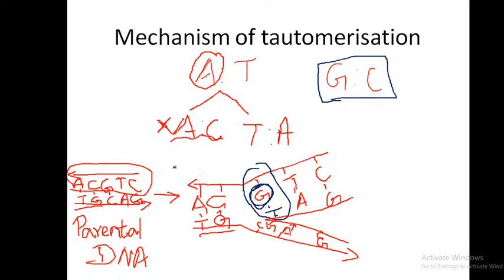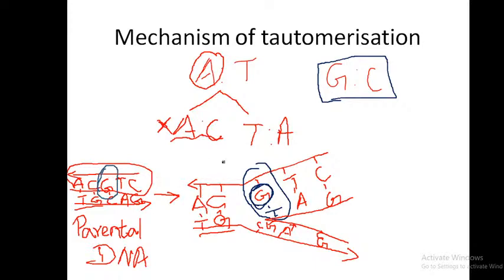The tautomerization has happened to this G, and this is the parental strand. You can see here a tautomeric shift or tautomerization has happened to this G, and as a result of that, during replication, when the DNA replicates, the inner tautomeric form of G is formed. Again I'm telling you, you can write down the sequence, so it is better for you to understand the change that has happened.